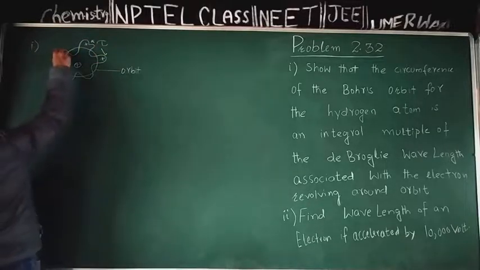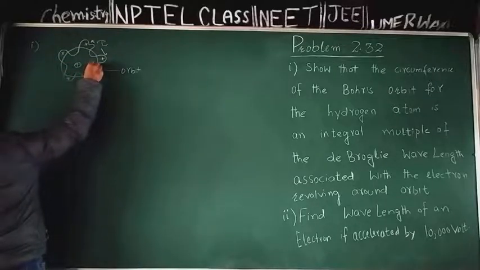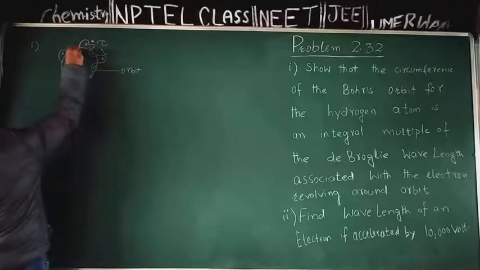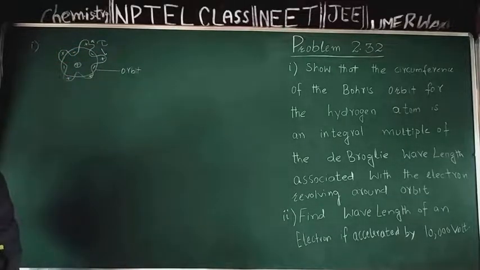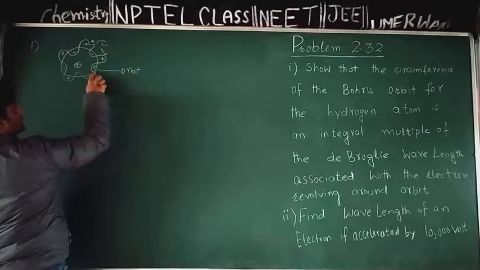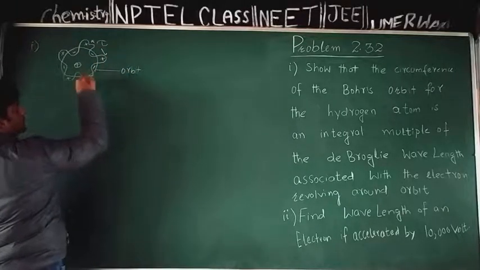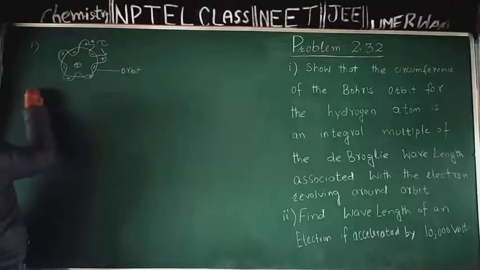Or if I may label all, this is crest, this is trough. Now distance between any two consecutive crests or troughs is called a wavelength, and orbit has shape of circle.